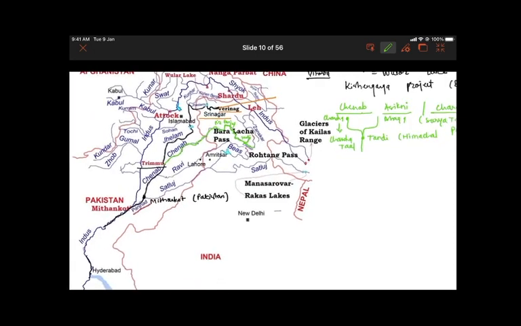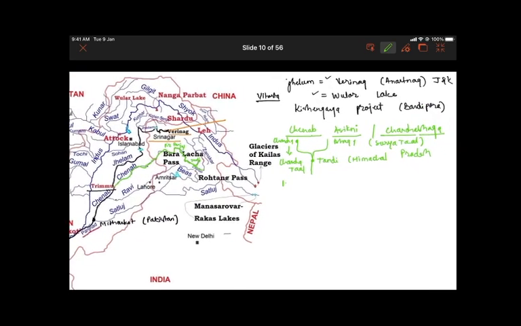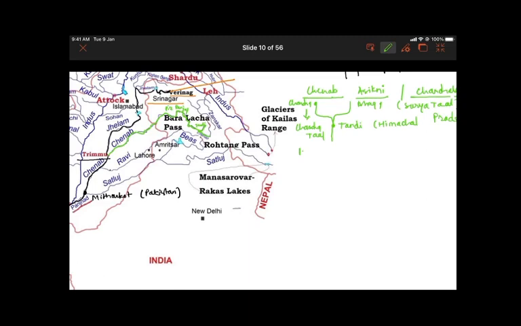If we look into the important projects that are on Chenab, the first one and the most important, which is always in the news, is the Ratle project. Then Dulhasti project and the Salal project.